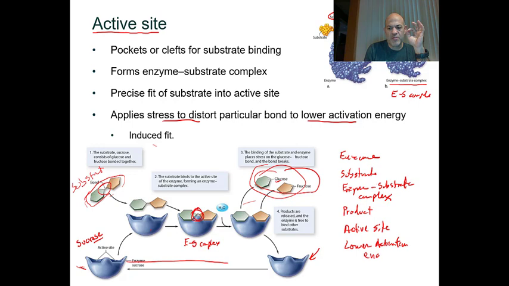So as I'm brainstorming on what I might sketch, what are things I might label? Enzyme substrate would be labeled enzyme substrate. Product would be labeled. Active site could be labeled like it is right here. Lowering activation energy, that's a concept that would come out. It's not necessarily a label in here. And all of these would be key terms that would come about in an explanation of it, right?